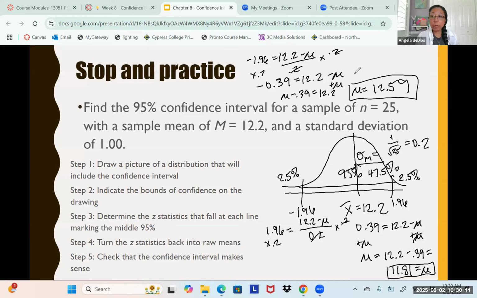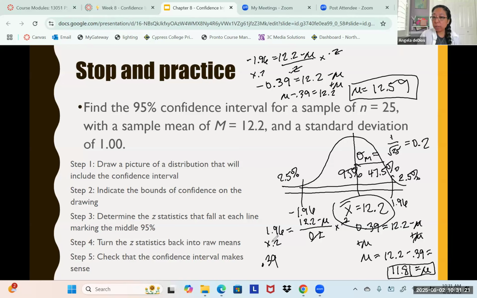All right, 12.59. Now, your book says step 5 is to check that the confidence interval makes sense. So first off, we know that the two means are surrounding the sample mean, right? Somewhere in the middle. And we want to make sure that the two population means that we have guessed are equally distant from the sample mean. So if we do 12.59 minus 12.2, we get a difference of 0.39.